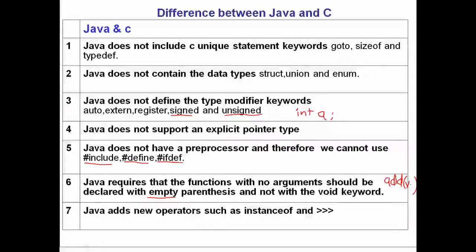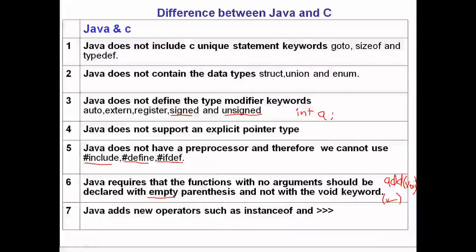So there should be a keyword void inside the brackets of your function, but there is no such thing in case of Java. If you have a function which is not taking any argument, you can simply declare the brackets open and close. There is no need to use a keyword void inside it.